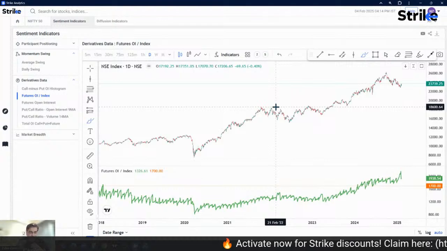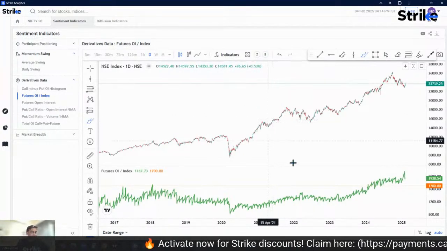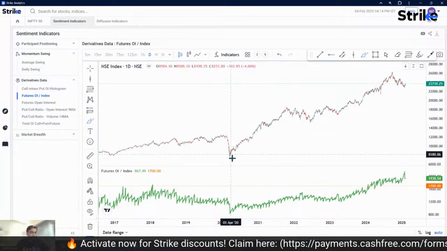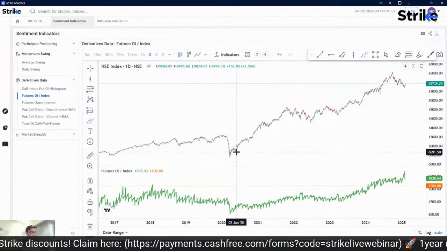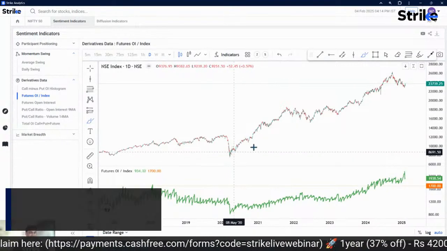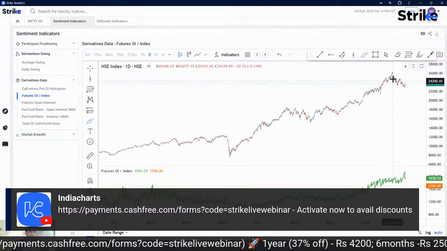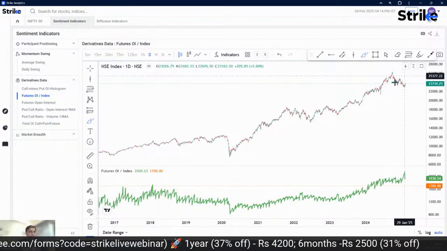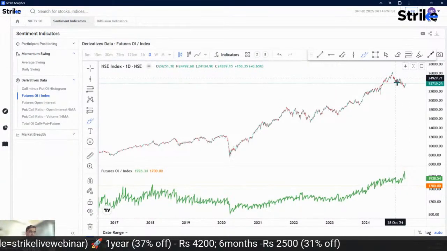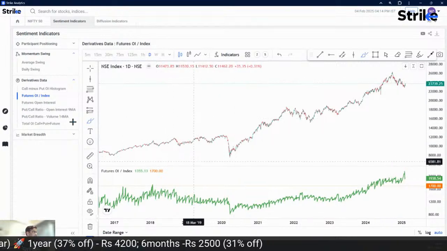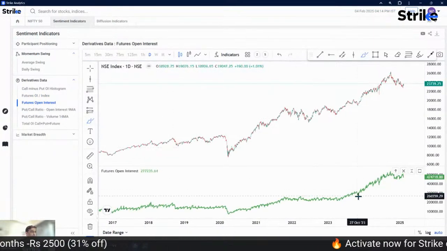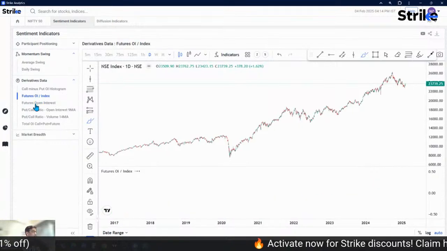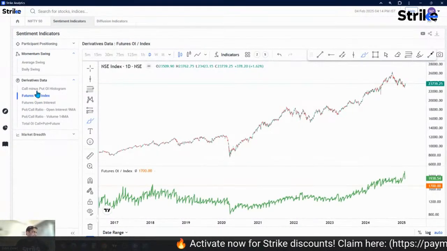For example, if a few years ago the index was at 6,000 and Nifty has since gone up to 26,000, then the number of open contracts alone is not an extreme indicator. That's why we are not looking only at the futures open interest line, we are looking at the futures OI divided by index line.